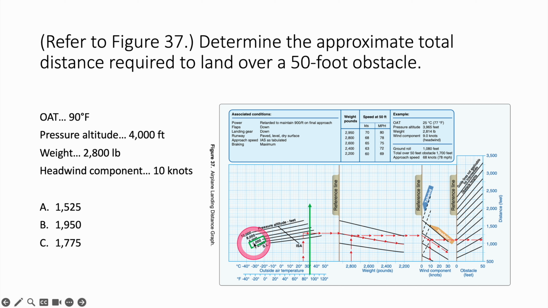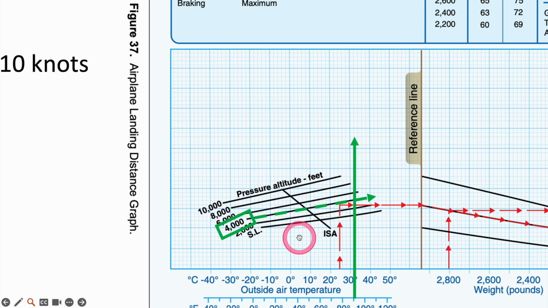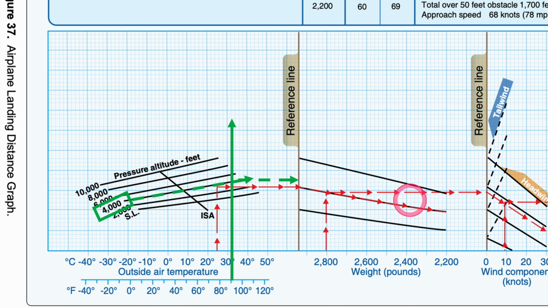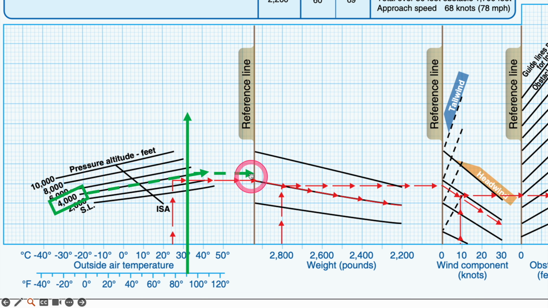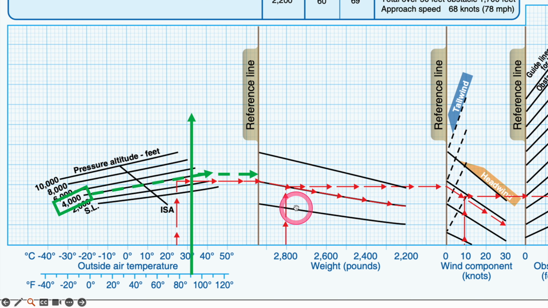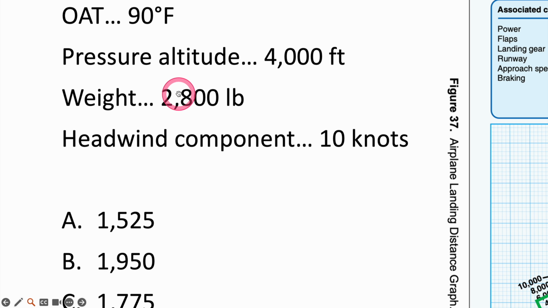There's 4,000 feet of pressure altitude, so you trace these black lines parallel until you get to the intersect point with your temperature. Where those two green lines intersect, you go straight across horizontally until the next reference line. Then from the reference line, you track these black lines parallel at a down angle until you get to your weight. Our provided weight was 2,800 pounds.